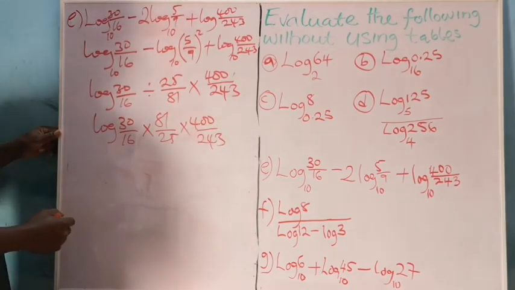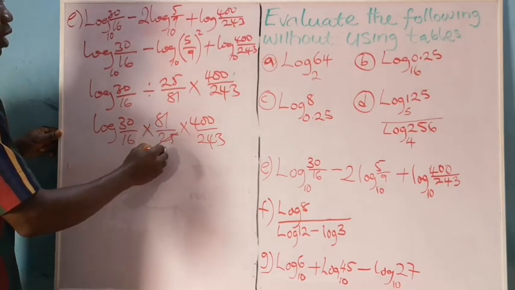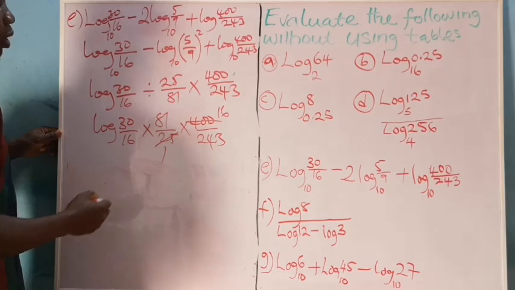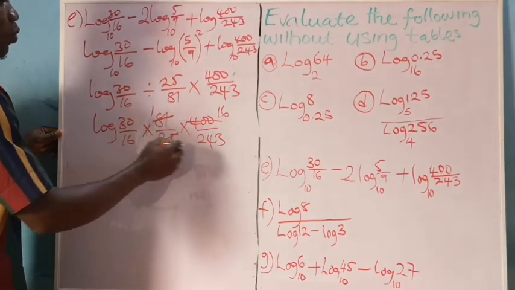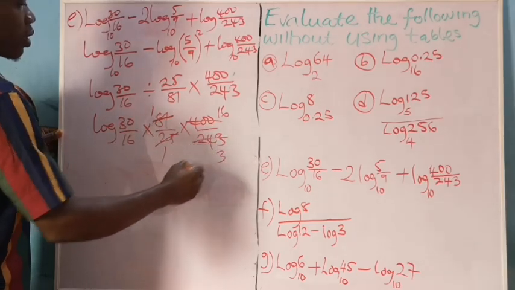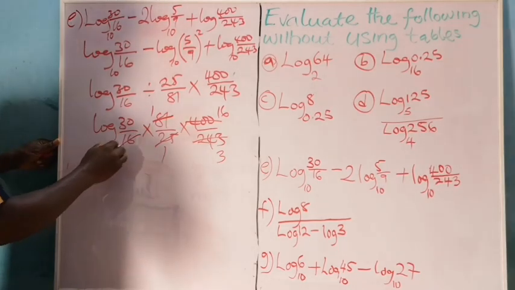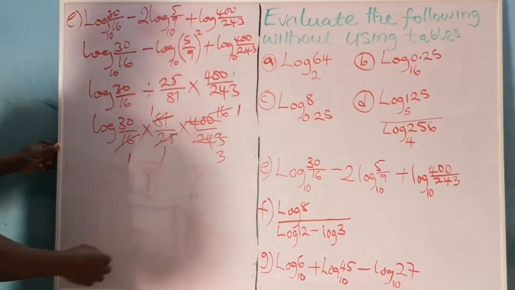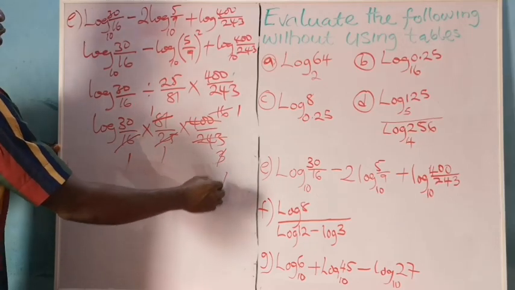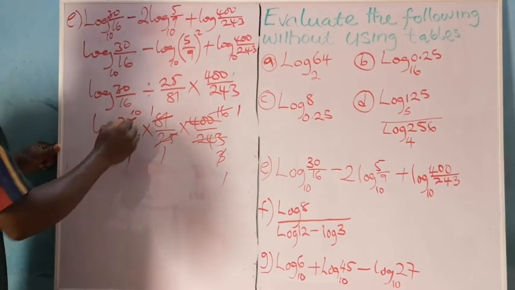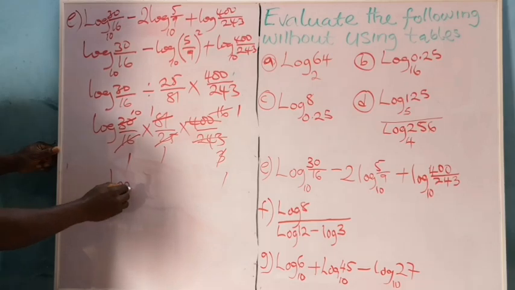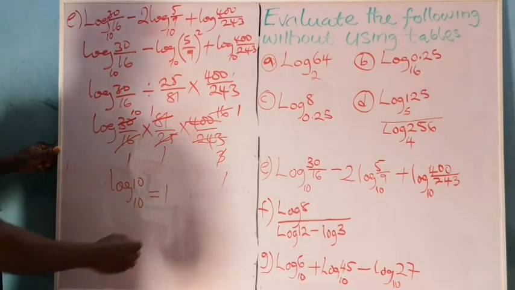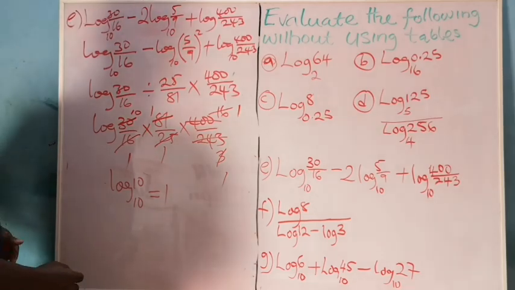Okay, so here we can now cancel. 25 here is 1, 25 in 400 is 16. Okay, now 81 here is 1, 81 here is 3. Okay, now 16 here is 1, 16 here is 1. Now we have 3 here, 3 here is 1, 3 here is 10. So that we now have log 10 to base 10. And remember that log 10 to base 10 is equal to 1.